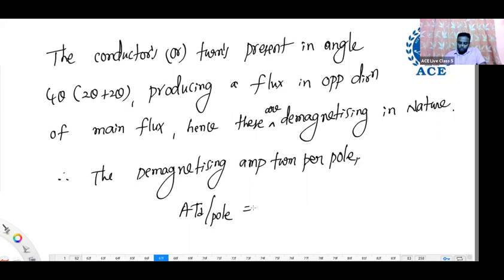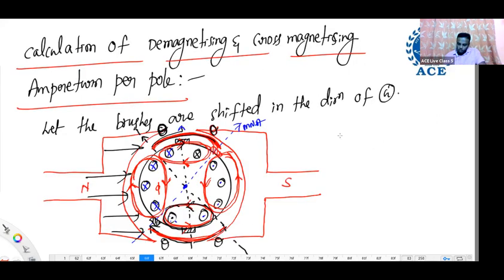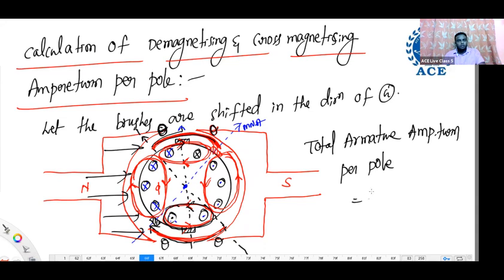Now, first, total armature ampere turns, how much? Total armature ampere turn per pole, tell me how much it is. Ampere turn per pole means ampere into turns. What is the current in each turn? That's why every concept is interrelated.